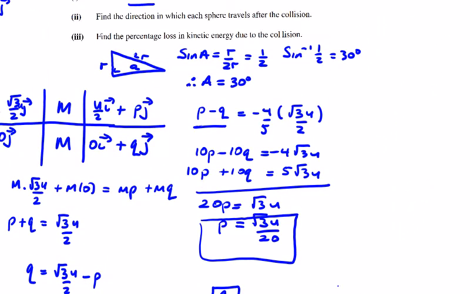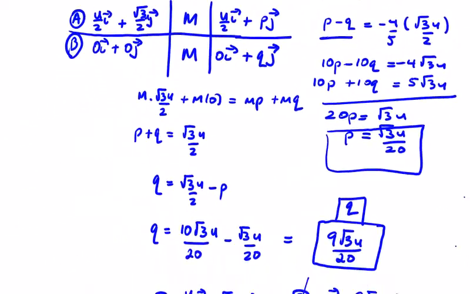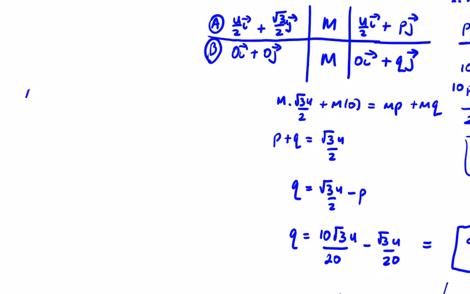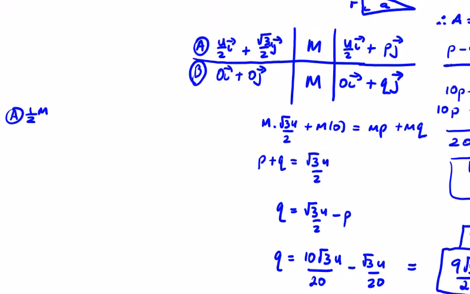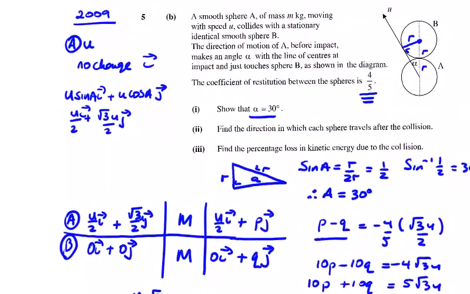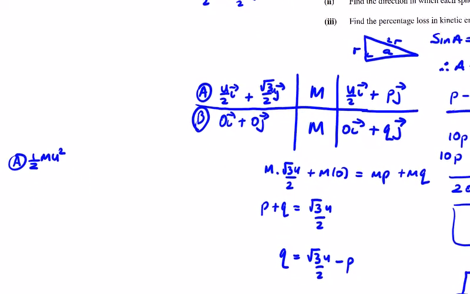Then the percentage loss in kinetic energy due to the collision. Let's look at half mv squared for both. For A, it's just a half m, and where we were told the speed was u, weren't we? So we can just take u as the speed at the beginning, a half m u squared.